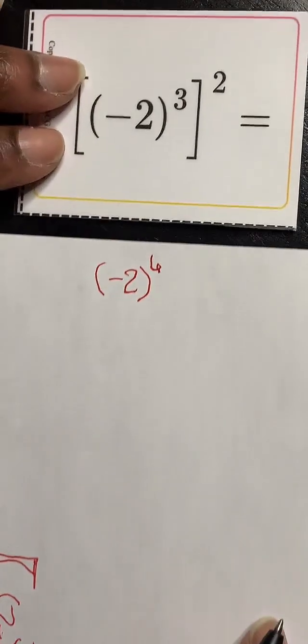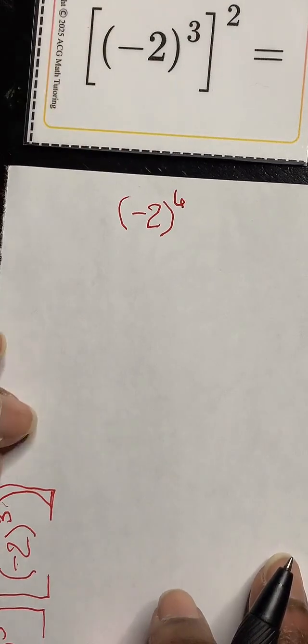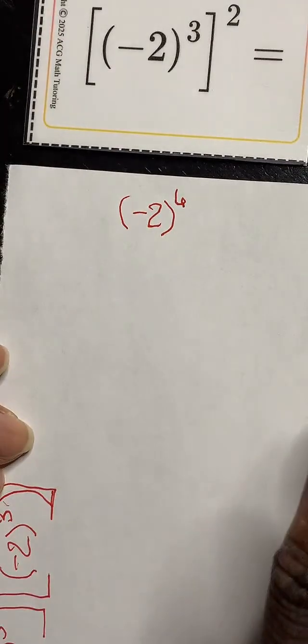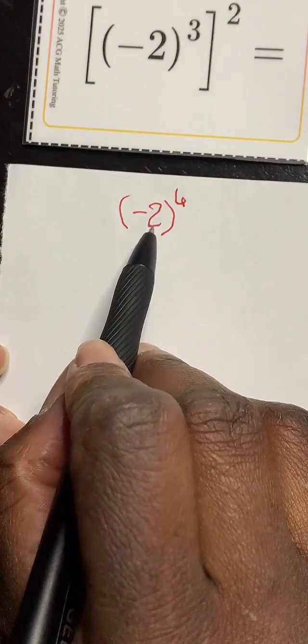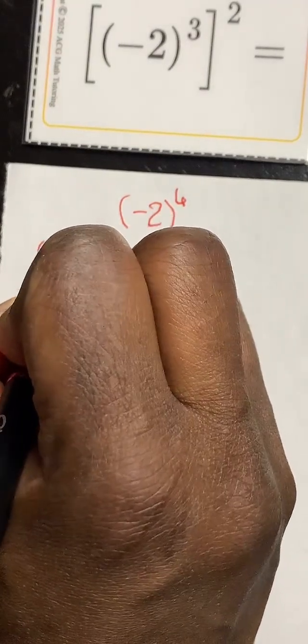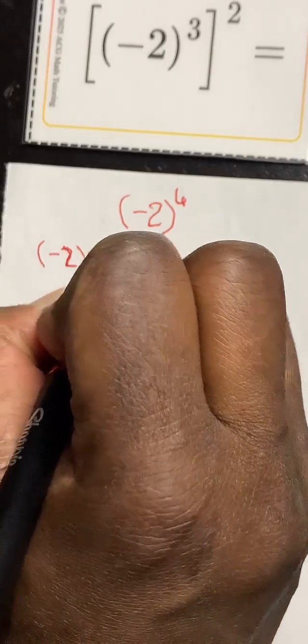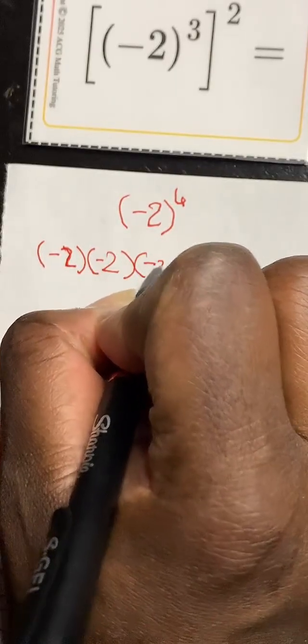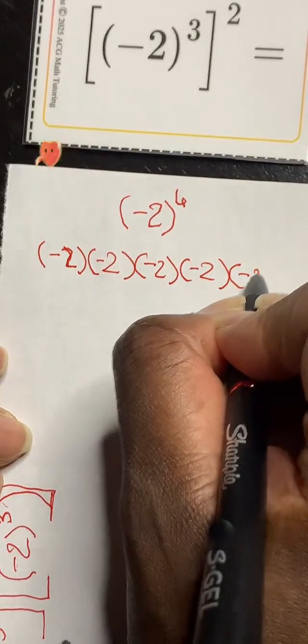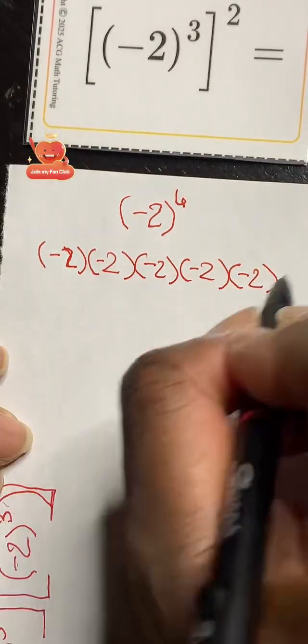If we want to break that down even further, because sometimes they just want a regular number, this is telling you, negative 2, I need you to multiply yourself 6 times.